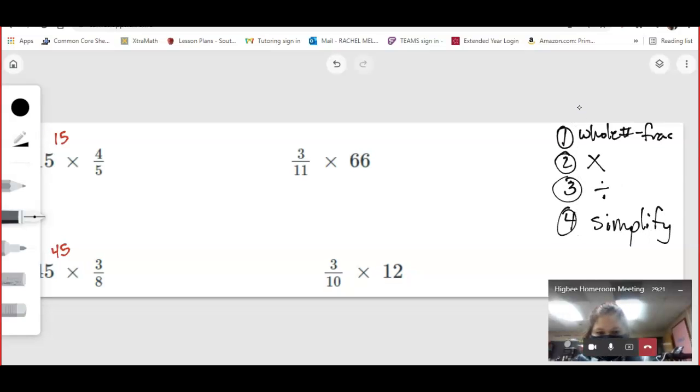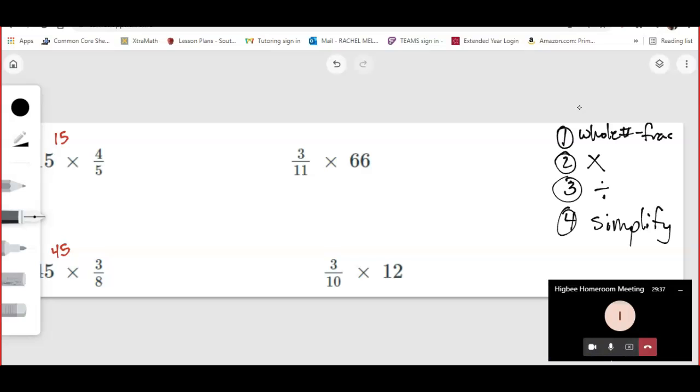So it's 15 times 4/5. Okay. So what do I do first? Multiply. You keep forgetting step number 1. Oh yeah, change the thing. Yeah, you can't multiply a whole number times a fraction. They both have to be fractions. Okay?